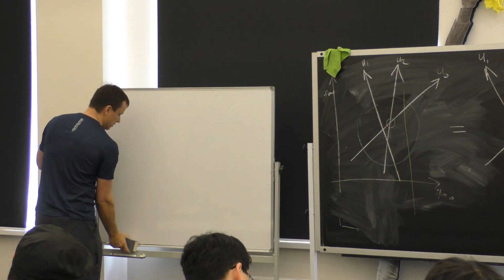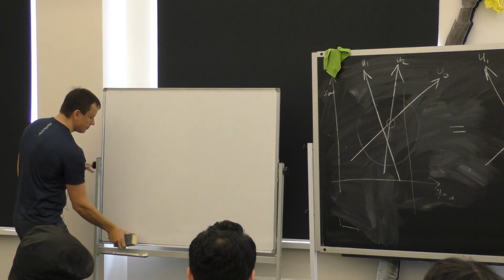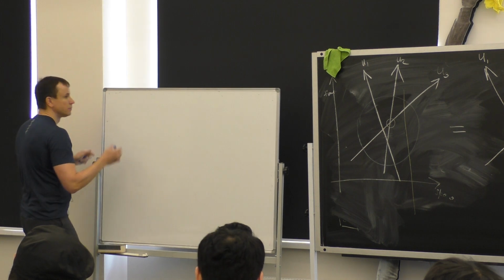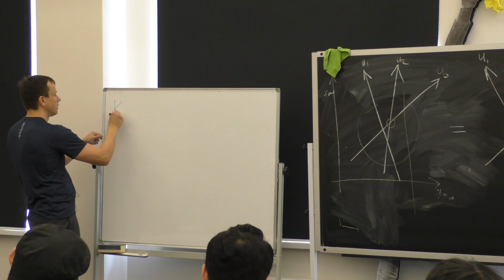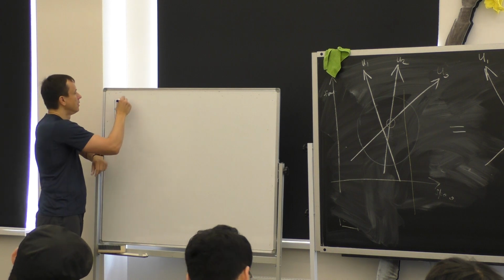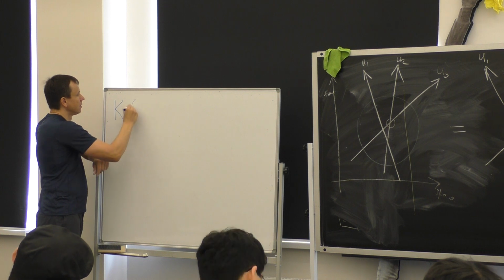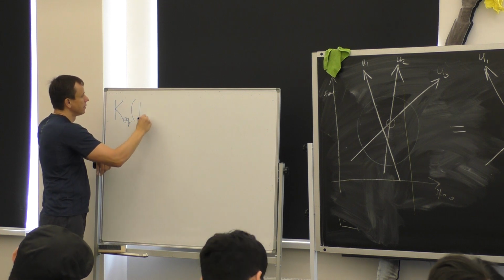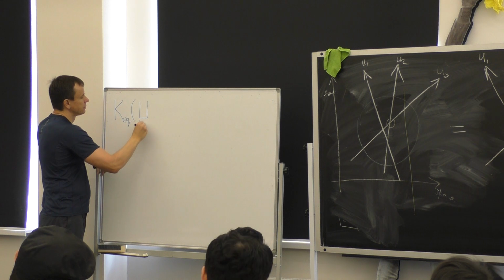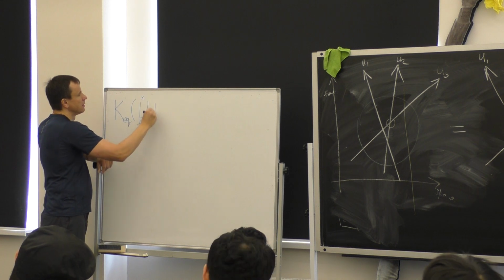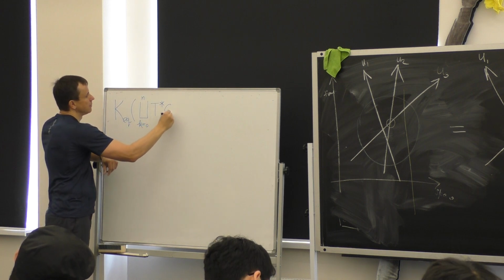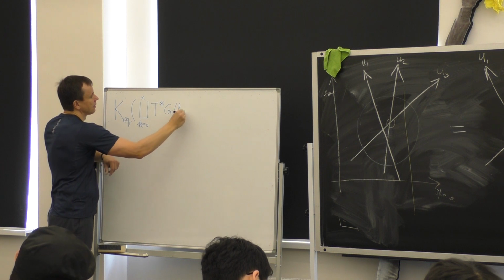The covariant K-theory of the union for k going from 0 to n of T star Grassmannian k, n.